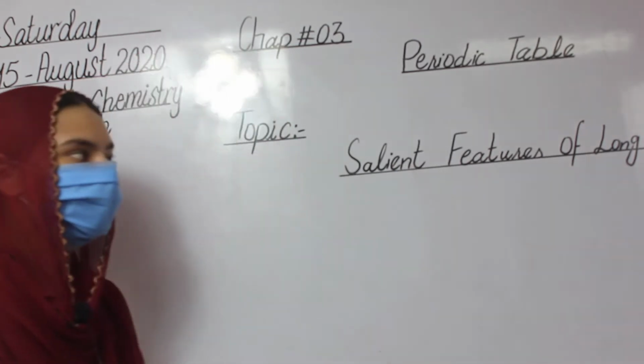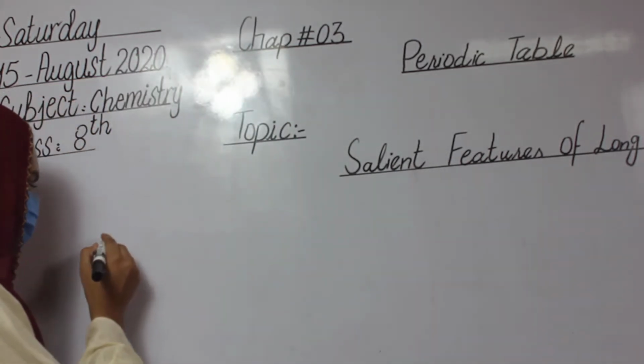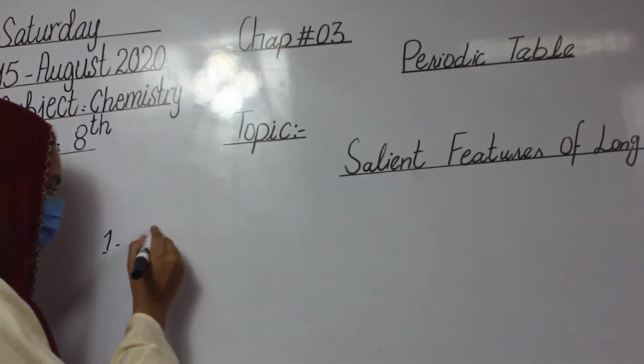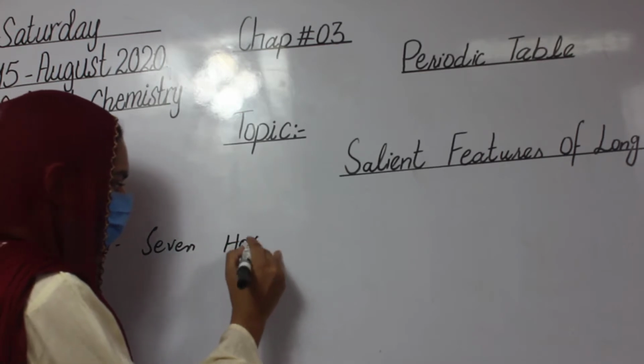The first salient feature of the long form of the periodic table is that it has 7 horizontal rows.